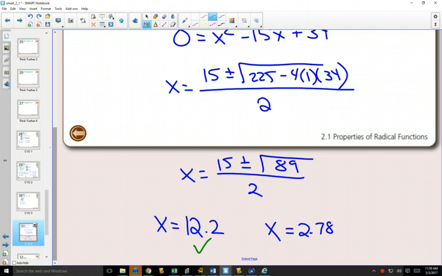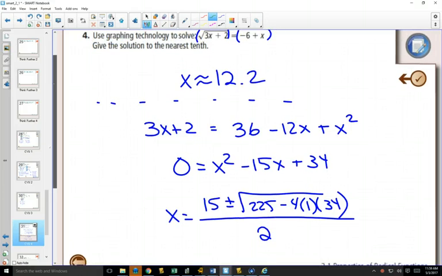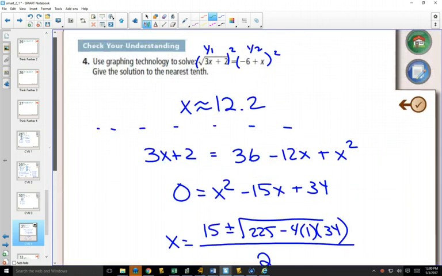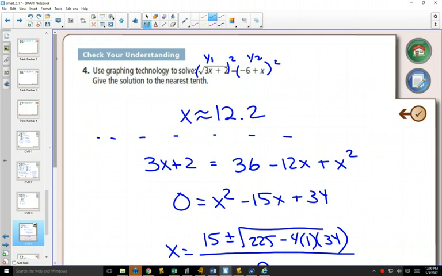One of the things when we do these algebraically that we're going to learn is whenever you square both sides, which we did earlier, we're going to have to check our original answers to see if they work. When I plug in 12.2, it's going to work. But I'm going to show you why when you plug in 2.78, it doesn't work. The square root of a number is always positive.